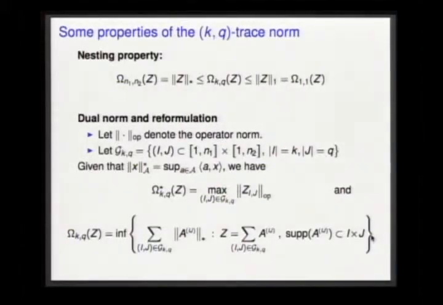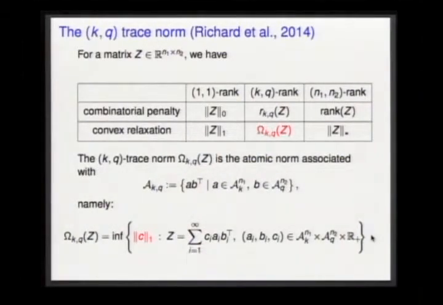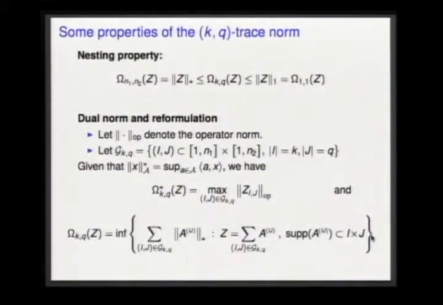But we have a nice expression of it, and we know basic things like the norm is always going to be lower bounded by the trace norm and upper bounded by the L1 norm. And we know that the L1 norm can be written as this norm with indices 1 and 1, and the trace norm is the value of this norm by removing the bounds we have on the sparsity index, so by putting k equals N1 and q equals N2.